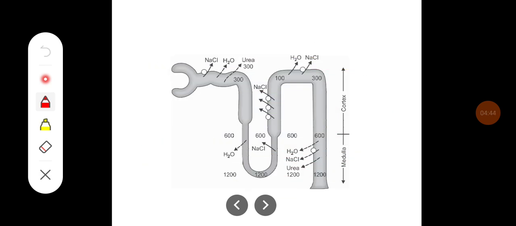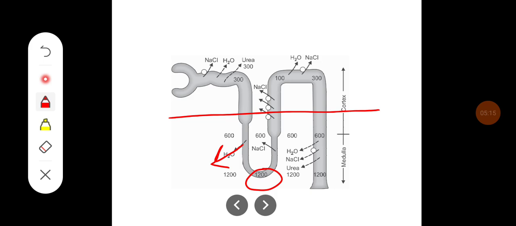So, this is the diagram showing the nephron, where it is showing concentration of urine in different parts. When the filtered fluid enters the descending loop of Henle, water is highly permeable, and because of the movement of the water, the tubular fluid becomes concentrated and it reaches almost 1200 to 1400 milliosmoles per liter at the tip of the loop of Henle.